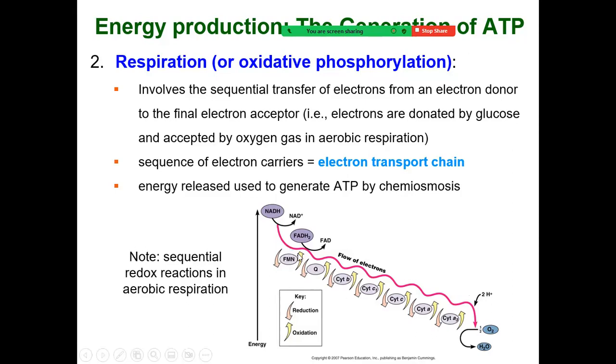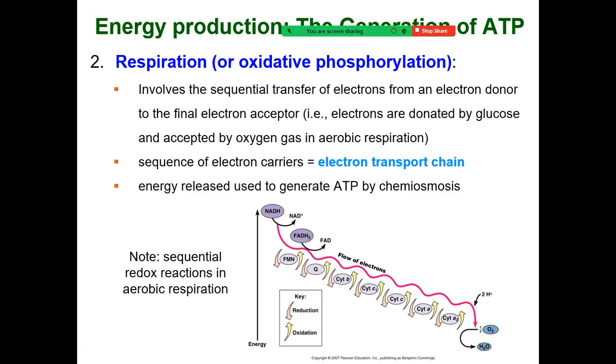The point is, in respiration, energy is released along the process, and then ATP can be generated by a process called chemiosmosis, and we'll talk about that in just a few slides. The point is that the second way that cells can make ATP is by respiration. In our cells, we do it by aerobic respiration, but respiration can happen anaerobically in some cells, particularly anaerobic bacteria or anaerobic archaea.